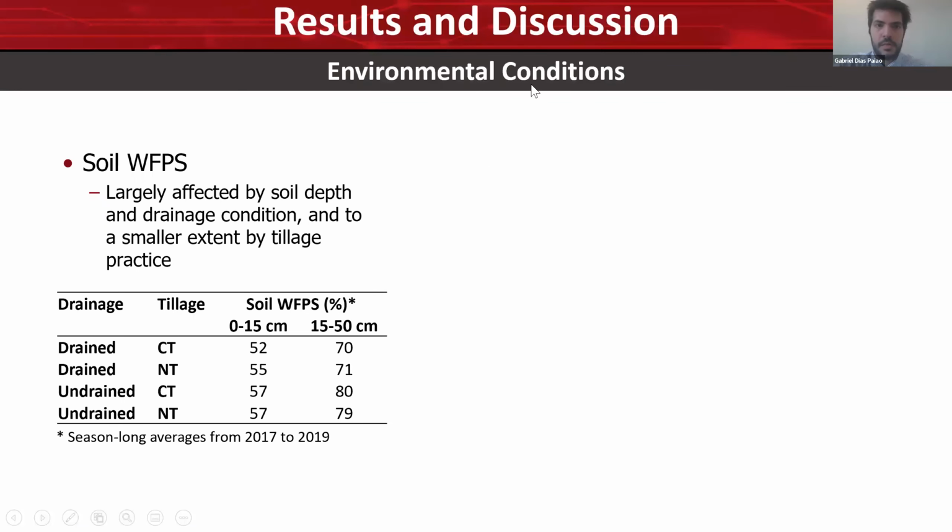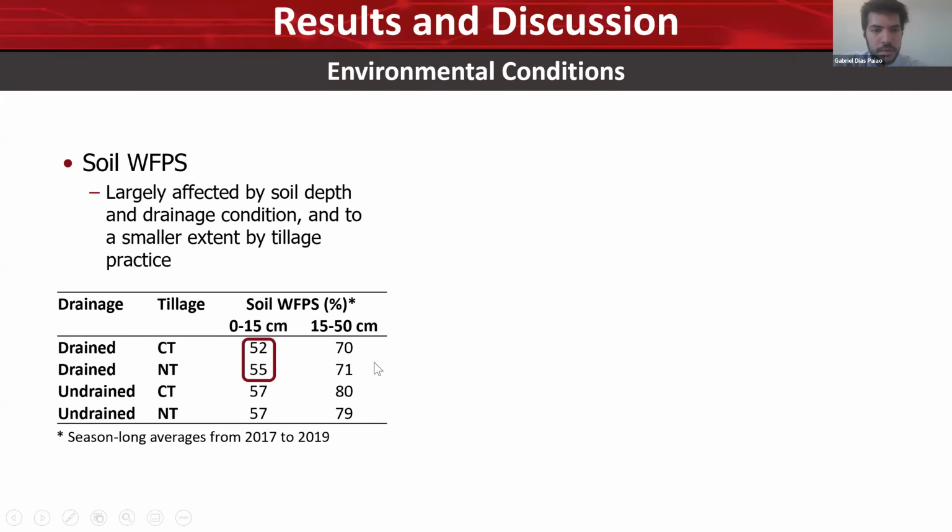In terms of environmental conditions, here in this table we have the different drainage conditions and tillage practices, and we have soil water-filled pore space at 0 to 15 and 15 to 50 centimeters. Water-filled pore space was more affected by soil depth, as you can see that these values here are much larger than these for the 0 to 15.